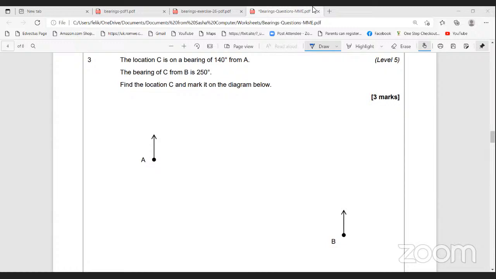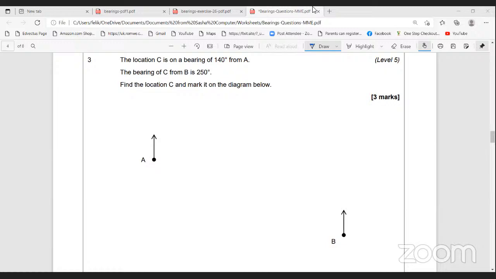Where is the 140 degrees? Thank you, Dejana. The location C is on a bearing of 140 degrees from A. So we need to figure out, where's that 140 degrees? Is it at point C or point A?